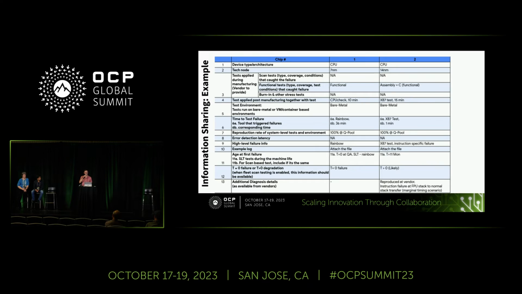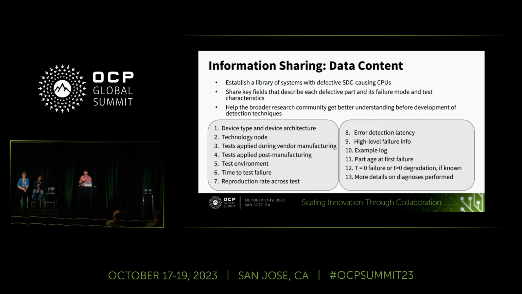Yep, totally agree. I'm looking here to see if we actually put it on the slide, but it absolutely is something that we collect and put into models in order to project. I don't know if there's anything on here other than additional diagnosis details that would capture that. But I think the spec is still evolving, the information is still evolving. I believe one of the things we're talking about is splitting up the information into multiple pieces.